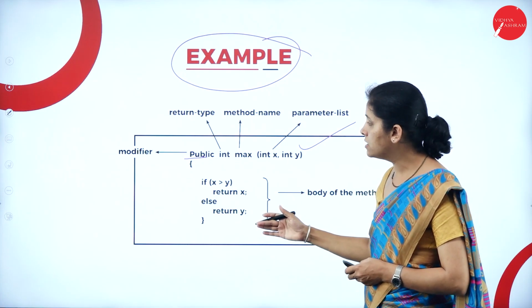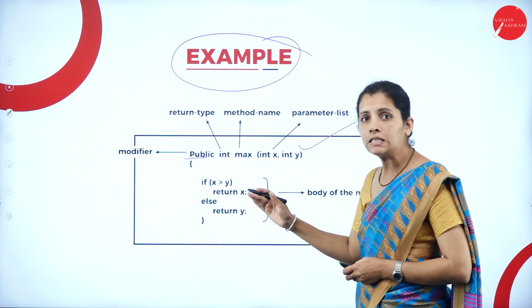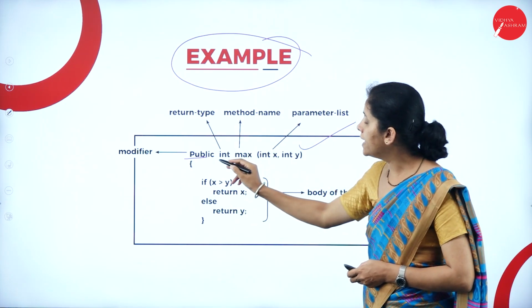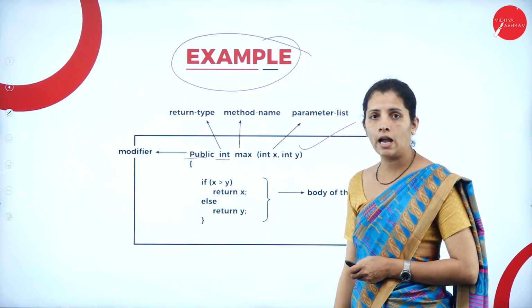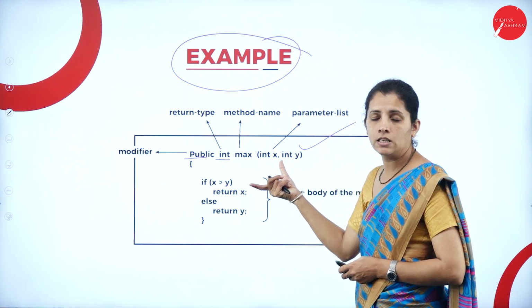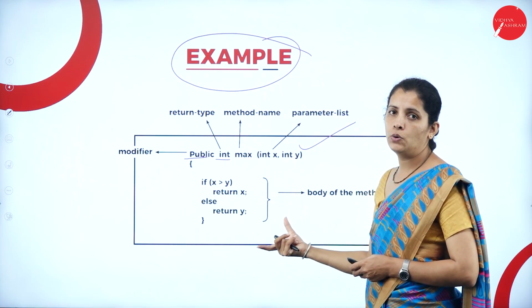This function or method can be accessed throughout the program. Then what is int? Here int is nothing but the return type. That indicates that this method is going to return some integer value.